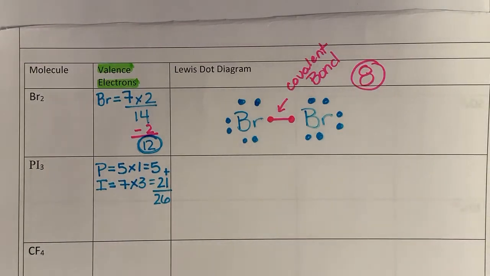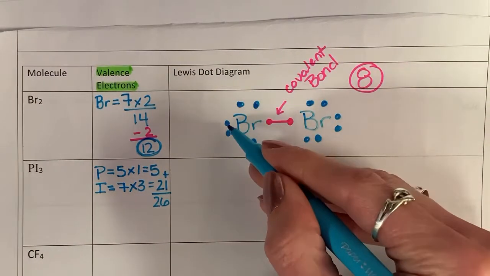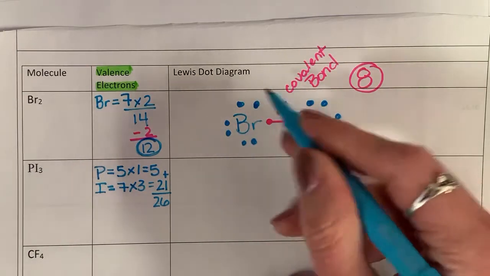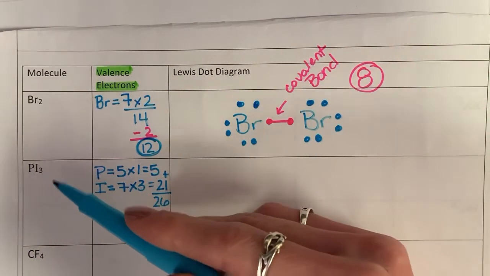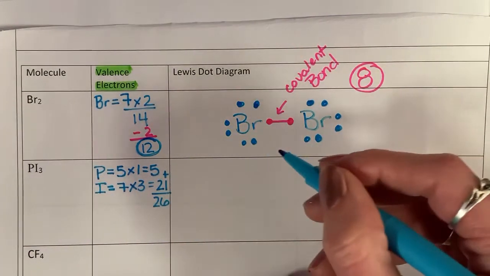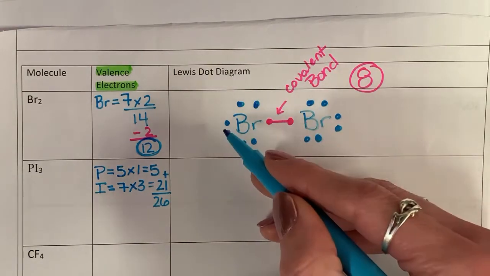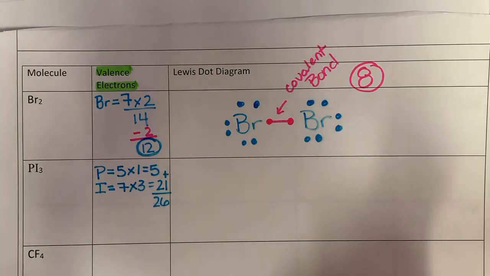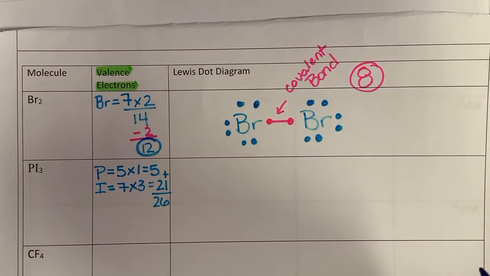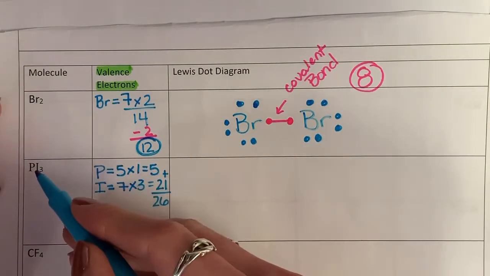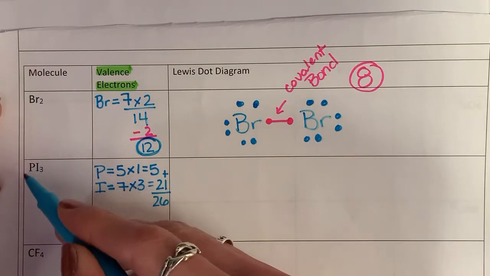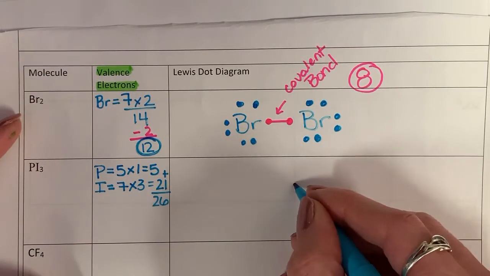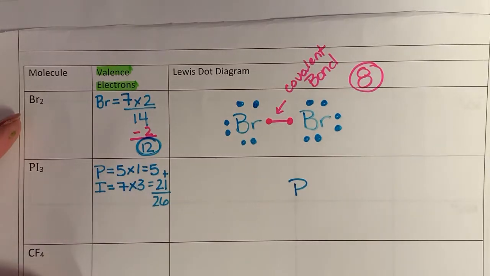Now, when I draw dots, I draw them in pairs around the sides of my atom. When I draw more than one element, I draw them on the same sides, top, bottom, left, and right around the central atom. The way I determine my central atom is, in this case, I've only got one phosphorus, so he's going to be in the middle.